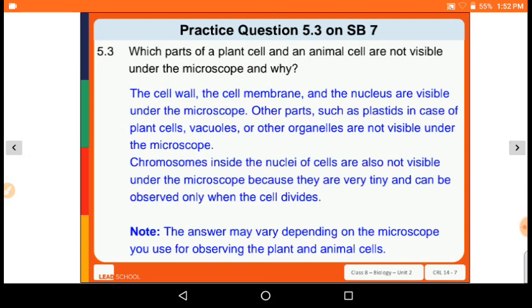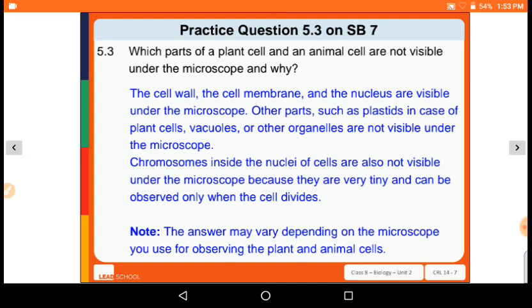Next, which parts of the plant cell and the animal cell are not visible under the microscope and why? The answer is: the cell wall, the cell membrane and the nucleus are visible under the microscope. Other parts such as plastids in a plant cell, vacuoles or the organelles are not visible under the microscope.